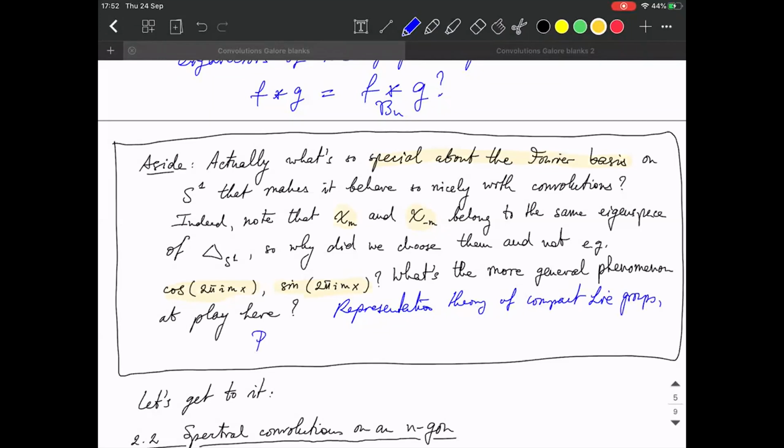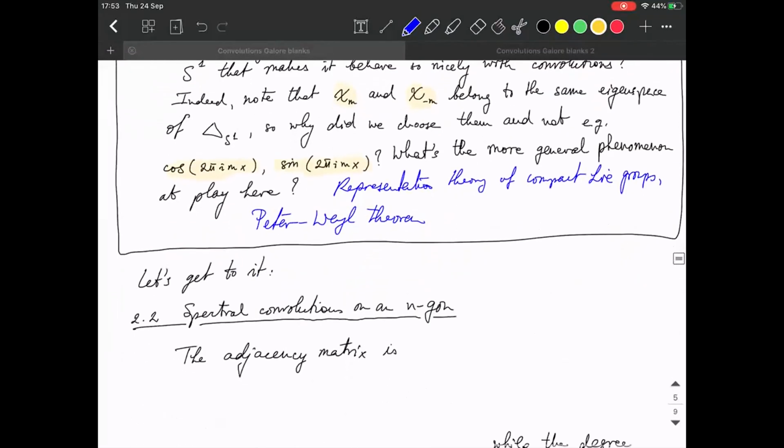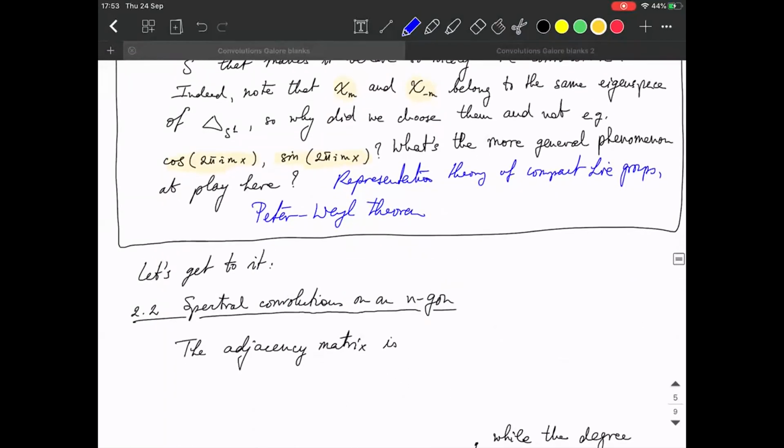And there's also something called the Peter-Weyl theorem. These are really interesting theorems, expanding this idea of a Fourier basis to more general manifolds equipped with a shift operation, so manifolds where there is a natural notion of convolution.